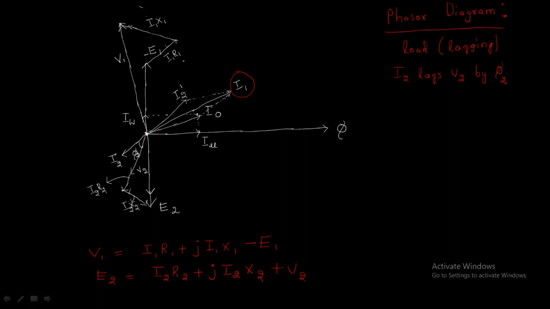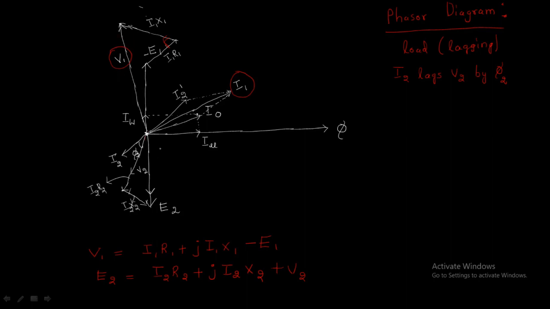Then by adding I1R1, which is parallel to I1, and with a 90 degree phase, you have to write I1X1. The combination of minus E1, I1R1, I1X1 will give V1. Look at here, this is the final V1.